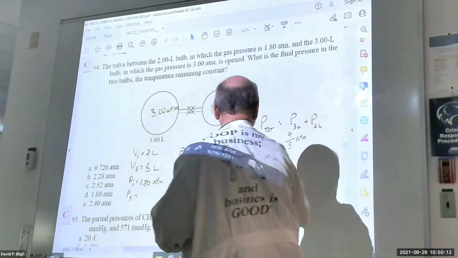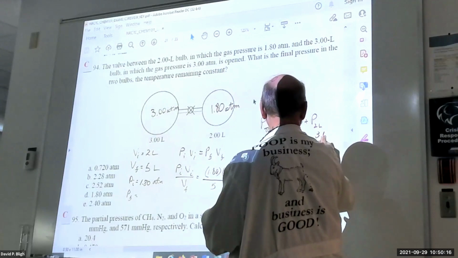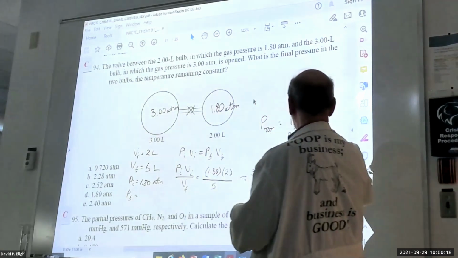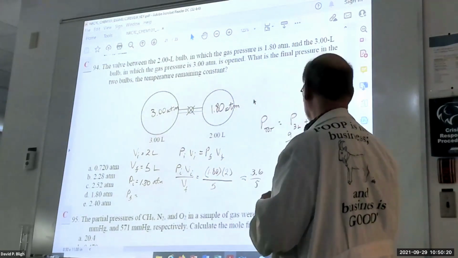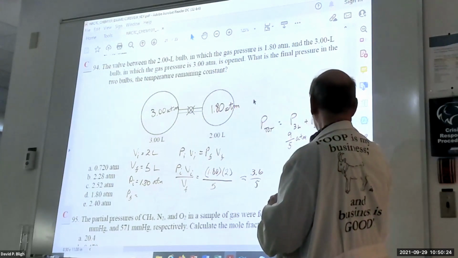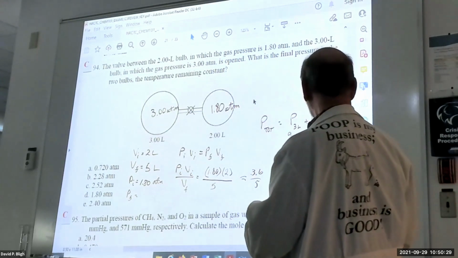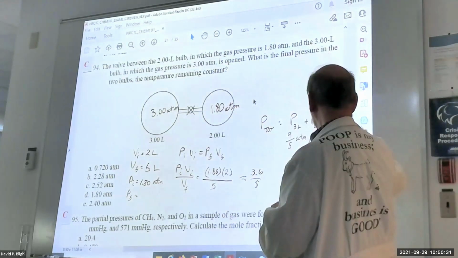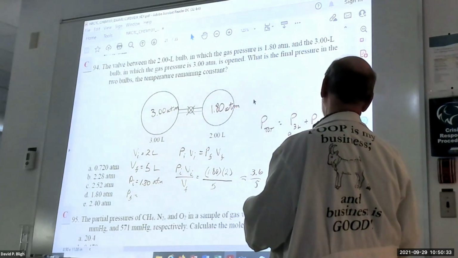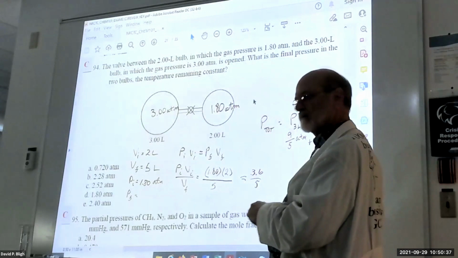Okay, so this is 9 divided by 5 plus 3.6 divided by 5. So what's the total? 12.6. 12.6 divided by 5. Do we need to calculate that out? What's 5 into 12.6? It's about 2.5, roughly.